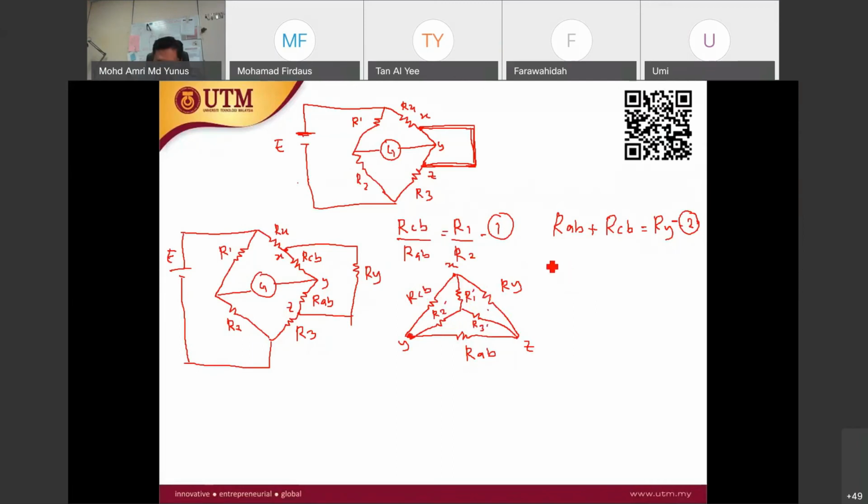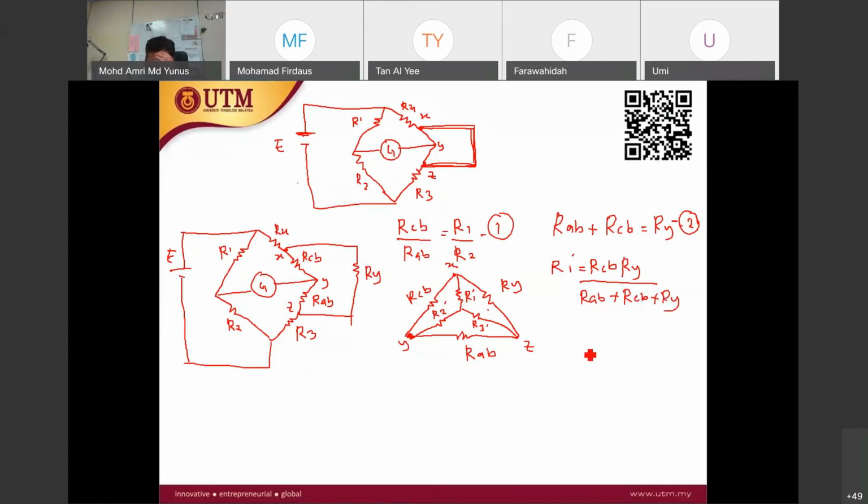Whereas R1 prime is equivalent to RCB multiplied with RY divided by RAB plus RCB plus RY.